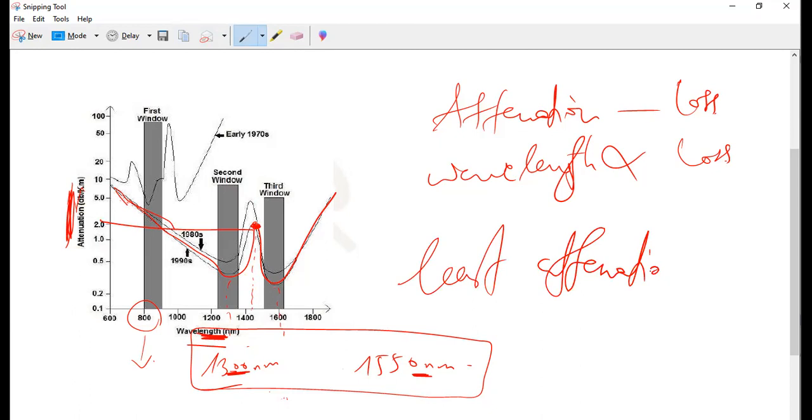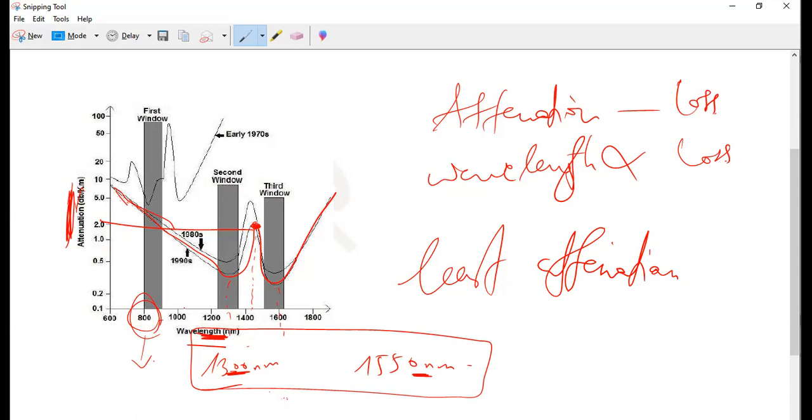So explaining that diagram: different wavelengths, different attenuations, different losses. The least loss is at 1.3 and 1.55 micrometers. If you use 850 nanometers light, what do you get?